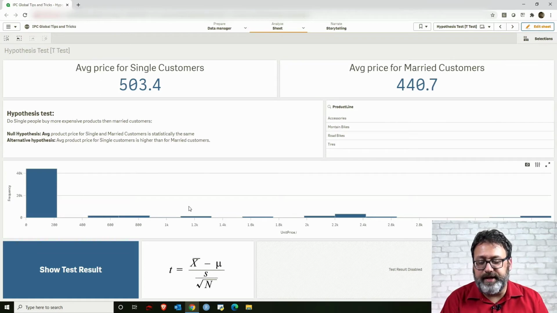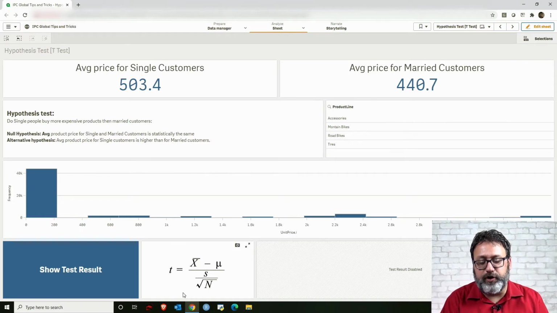Let's take a look at the histogram of the price for all of the customers. Then we can see that most of the products are in the bucket from $0 to $200, where we have some very expensive products that move the average up.